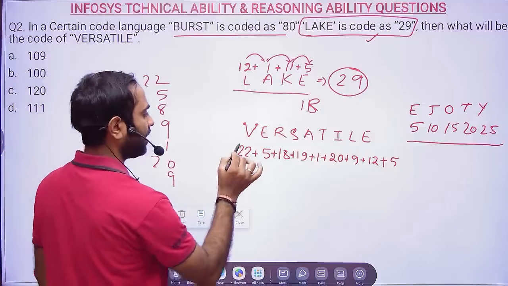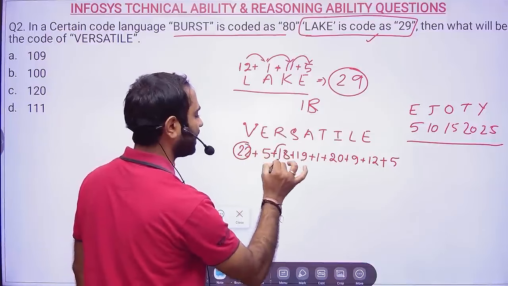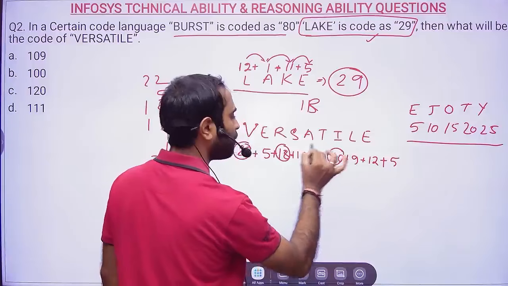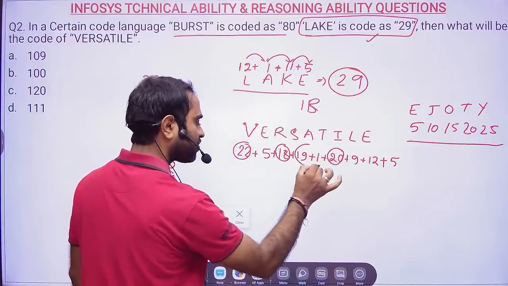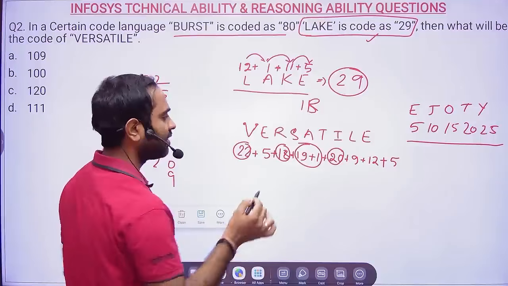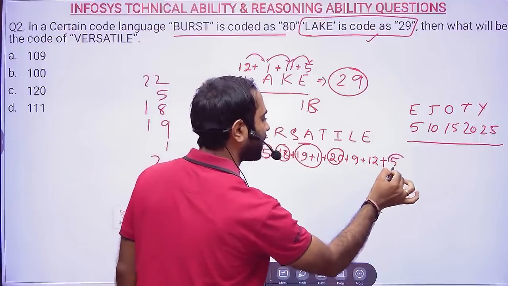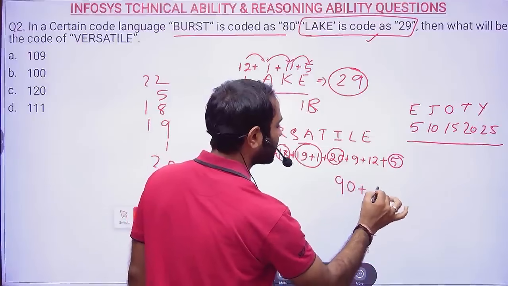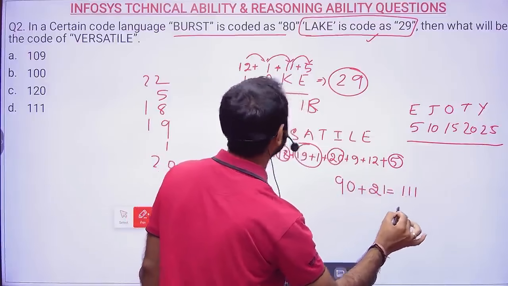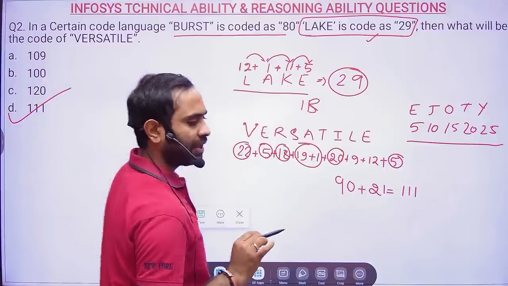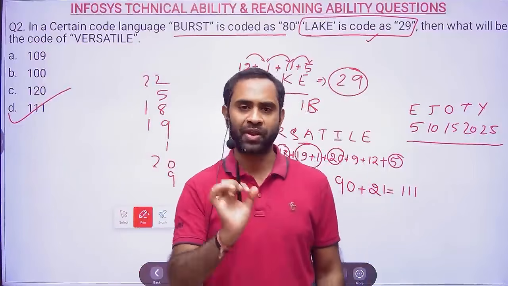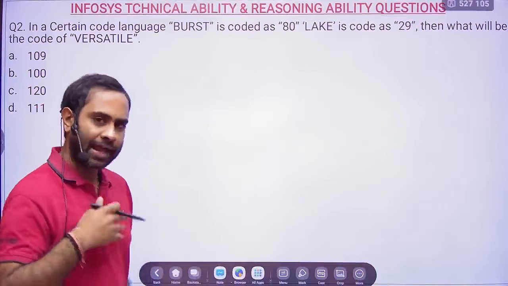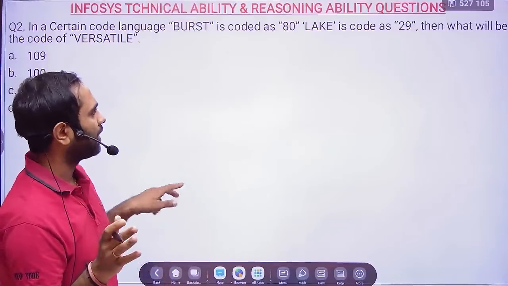No. So you pick 22 plus 18. 22 plus 8 will be 30 and 10 makes 40. 40 plus 20 will be 60. 60 plus 20 will be 80. 80 plus 5 plus 10 will be 90. 90 plus 12 plus 9, that is 21, makes 111. So when you are doing it in the examination, please do the things in a smarter way, because you are smart. Okay, so you have to tell that to yourself, and I know you all are capable enough.